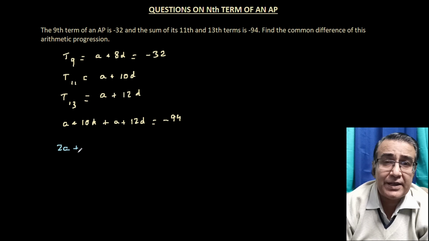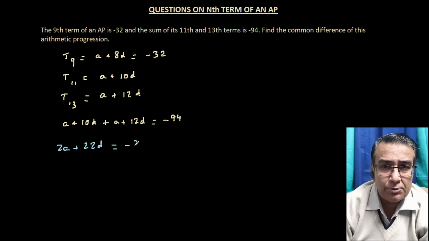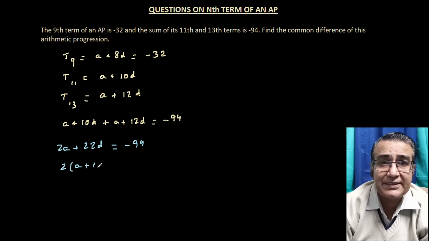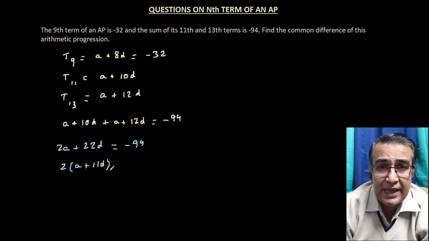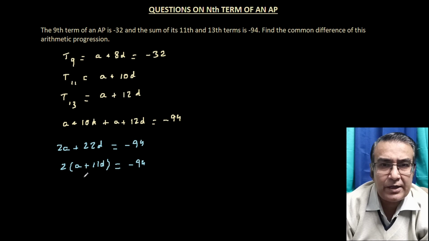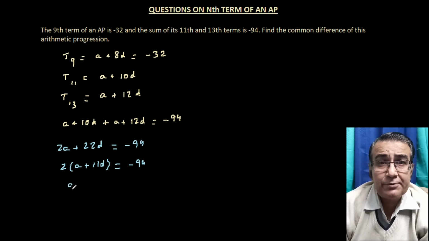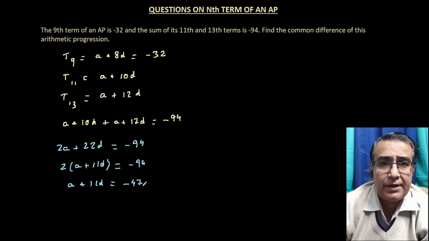Simplifying this, we can write it as 2A plus 22D is equal to negative 94. We can factorize out the 2 now, so it will be 2 outside the brackets, and inside the brackets we'll be left with A plus 11D is equal to negative 94. Dividing both sides of the equation by 2, we get A plus 11D is equal to negative 47.